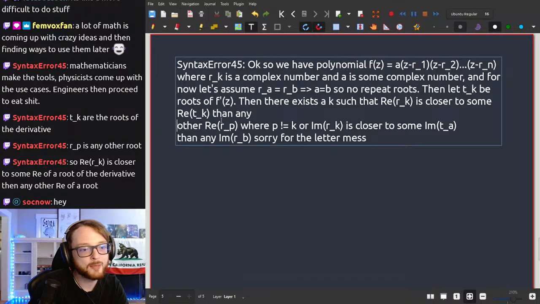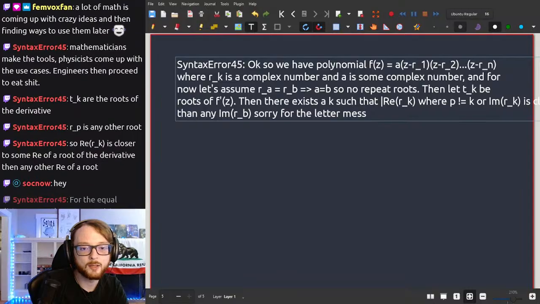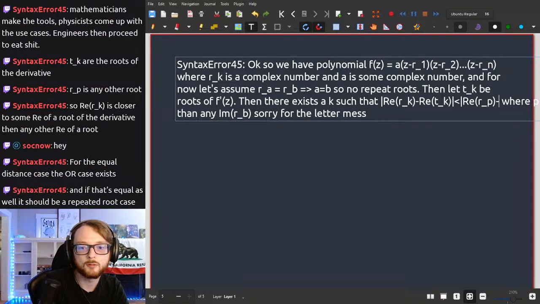And I might even say such that the absolute value of the real part of R sub K minus the real part is less than R sub P. Just put this into math.